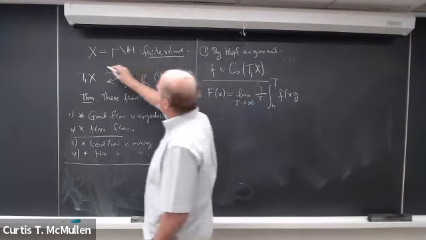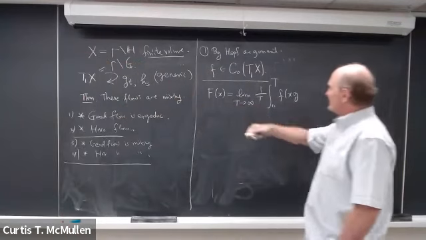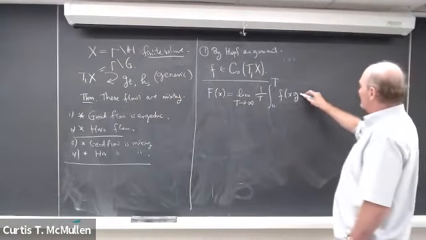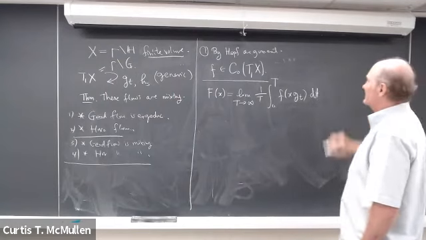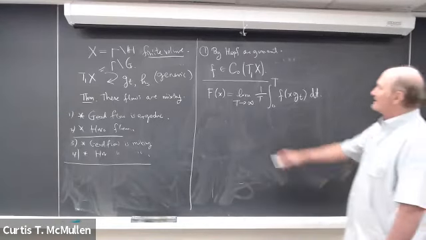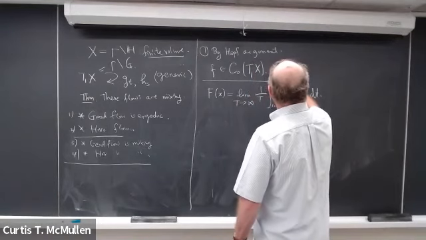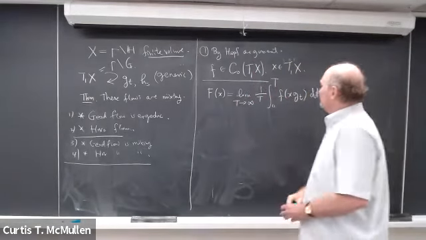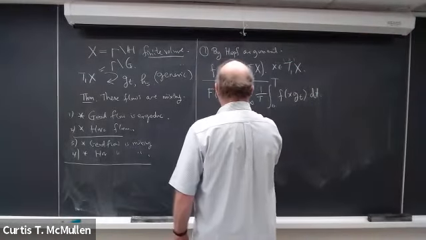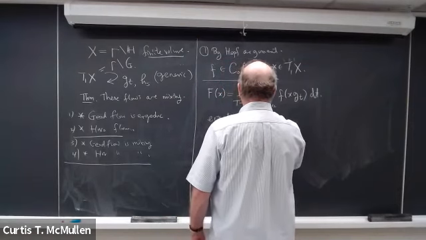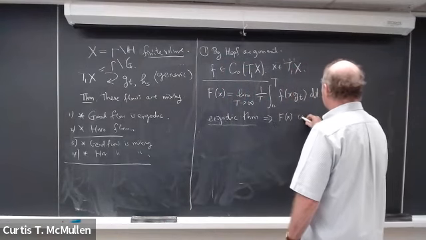Remember, the unit tangent bundle is gamma mod G. So you should think of the geodesic flow as the action of the diagonal group acting on the right, a_t, for x in the unit tangent bundle, of course. And now, by the pointwise ergodic theorem, F of x converges almost everywhere.